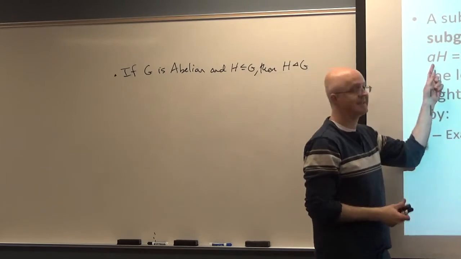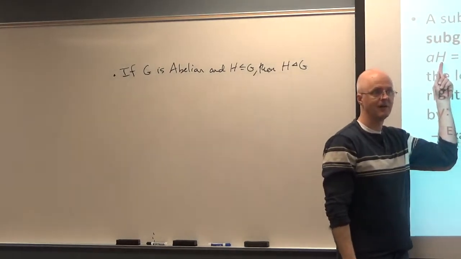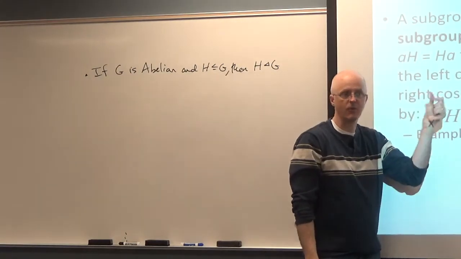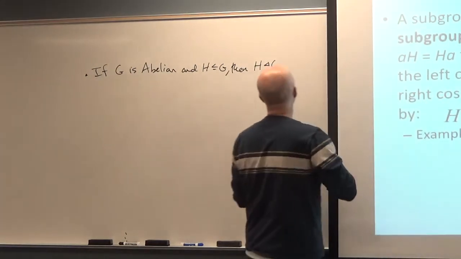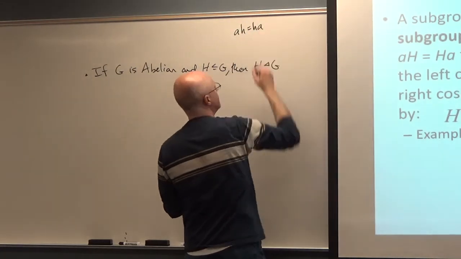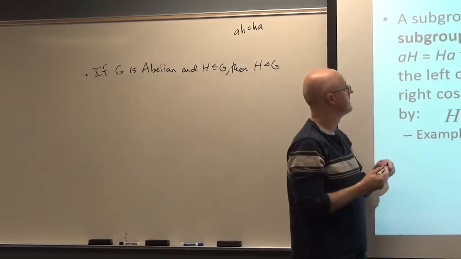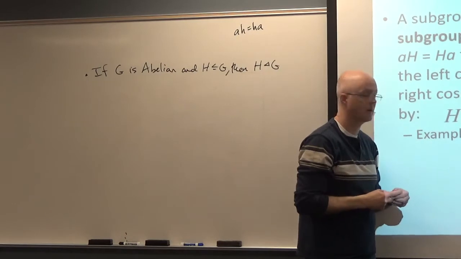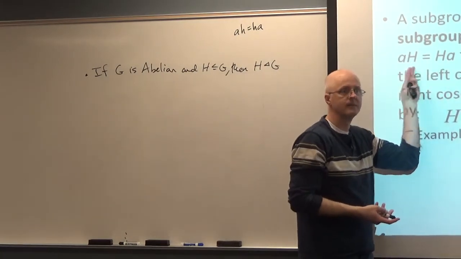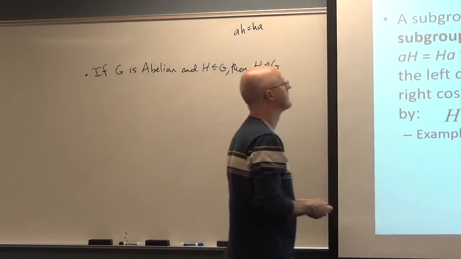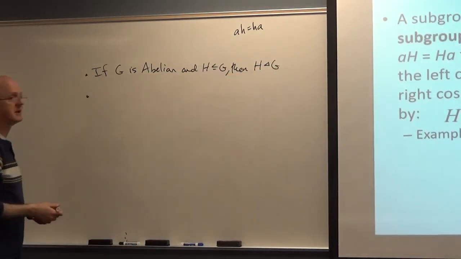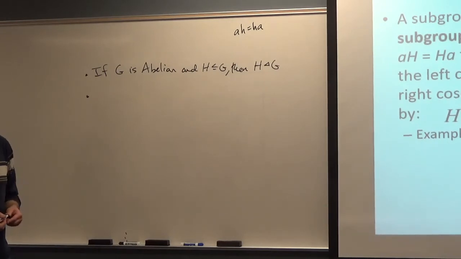For any element in this left coset of the form little a times little h, you can switch them around. That's the same as h times a. And therefore it will also be in the corresponding right coset. And that's true for any arbitrary element in here. These will be equal, therefore. So with abelian groups, any subgroup is normal.